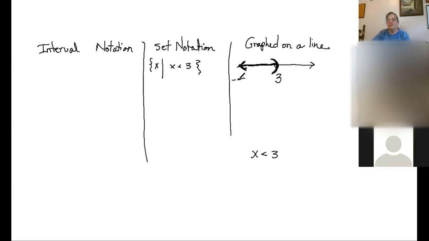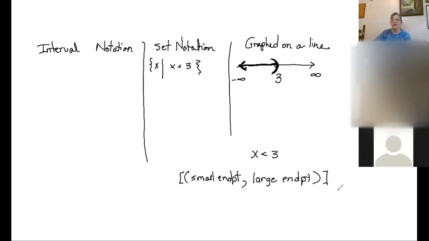A line always has negative infinity at one end and positive infinity at the other. In interval notation, you always have either parentheses or brackets. You list the smaller endpoint, comma, the large endpoint, and then again you put either a parenthesis or a bracket.